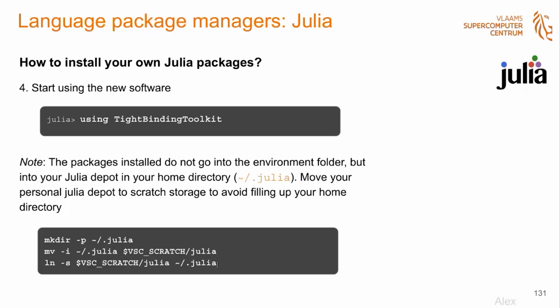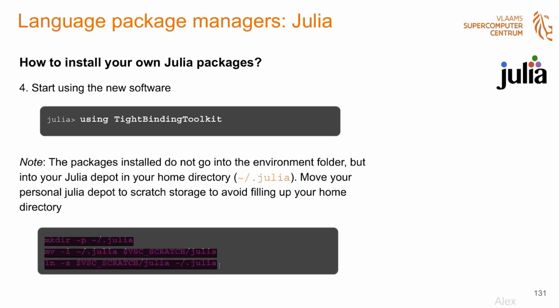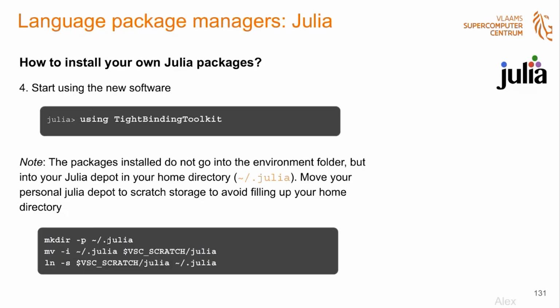However, it's also important, as I said, the projects in Julia can become very big because, as you have seen, it installs everything that it needs at all levels. So as a recommendation, we recommend to move your .julia directory that exists in your home directory into the VSC scratch and just create a symlink between the one in your home directory to the one in your VSC scratch.